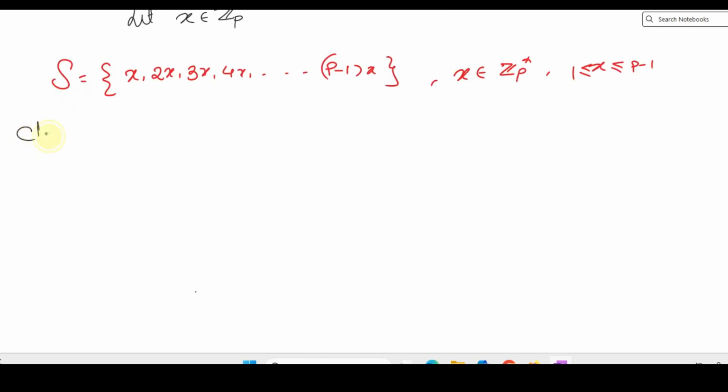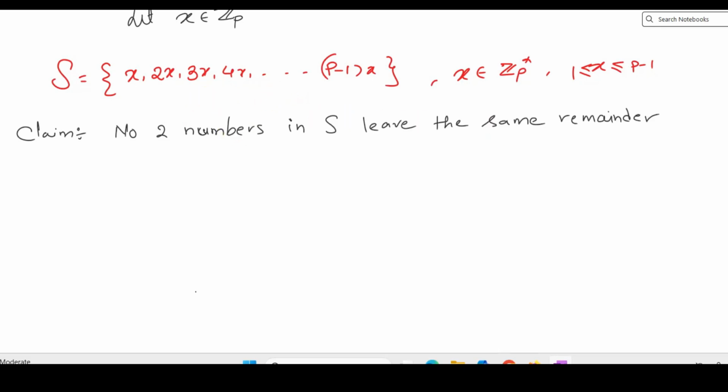Now my claim is that no two numbers in set S leave the same remainder, and definitely no number leaves remainder 0, and the argument is the same.